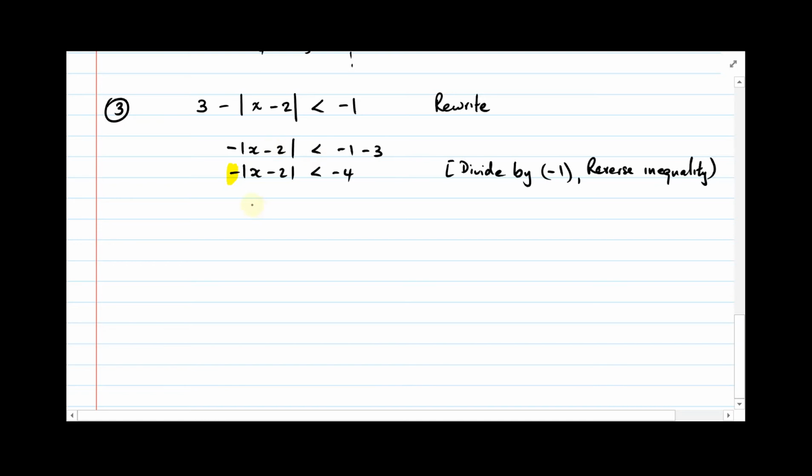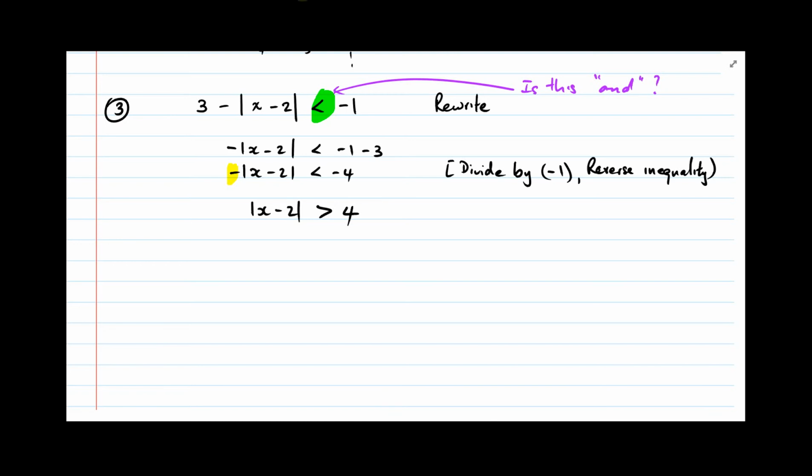And so now I have the absolute value of x minus 2 is greater than 4. When you looked at this initially, you might be tempted to say, oh, there's a less than sign, is this an and statement? But what you want to do is simplify the inequality, have the absolute value on one side, look at the inequality that you have, and then determine should it be an and or an or.